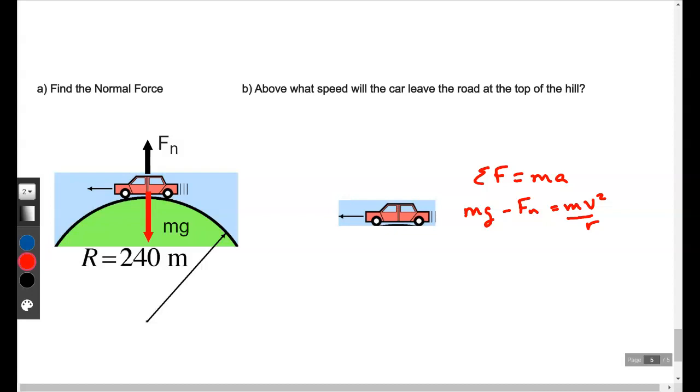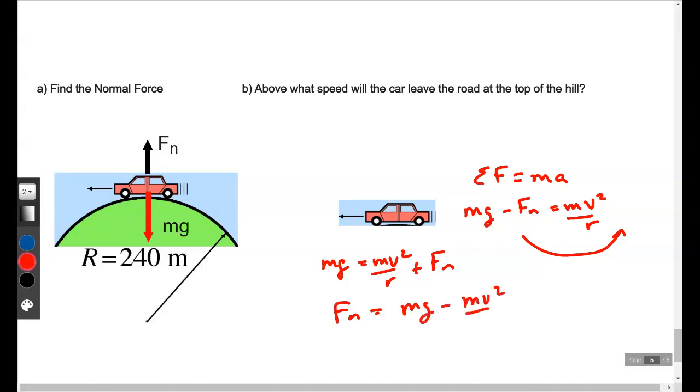So what we find is I could put this on the other side. So mg equals mv squared over r plus normal. And so the normal equals mg minus mv squared over r. Now that's different than what we've been seeing, that the normal is the weight force minus the mv squared over r.